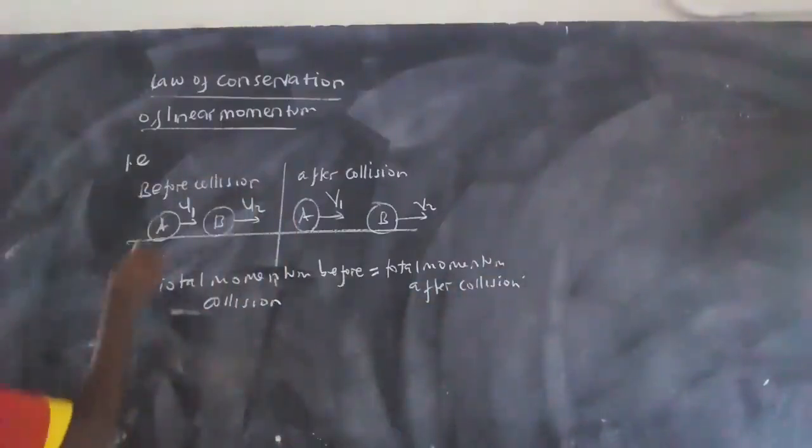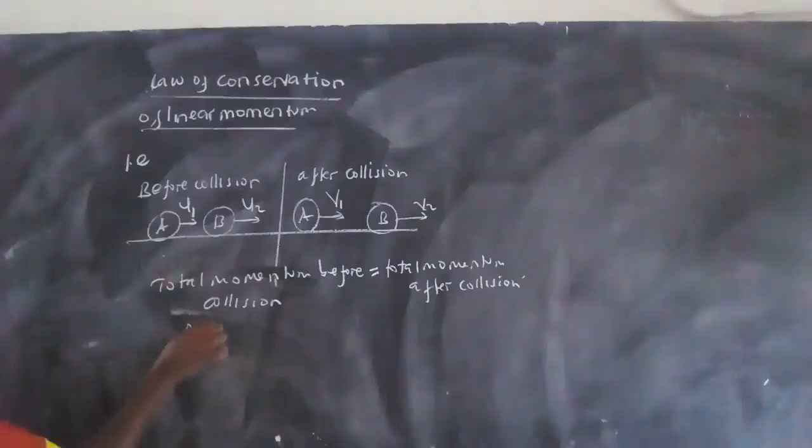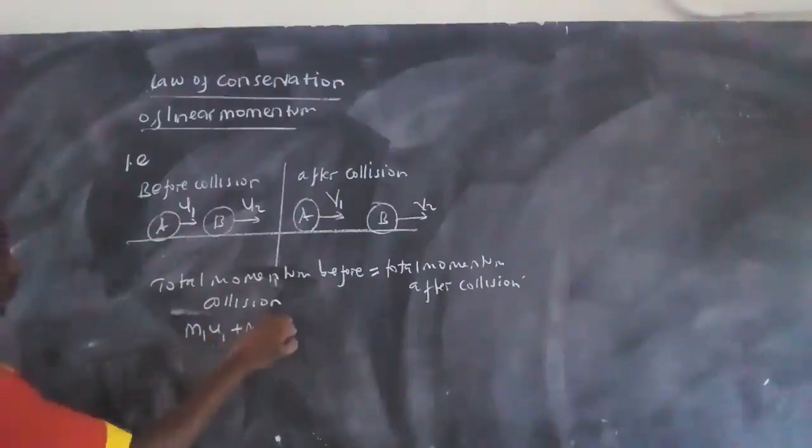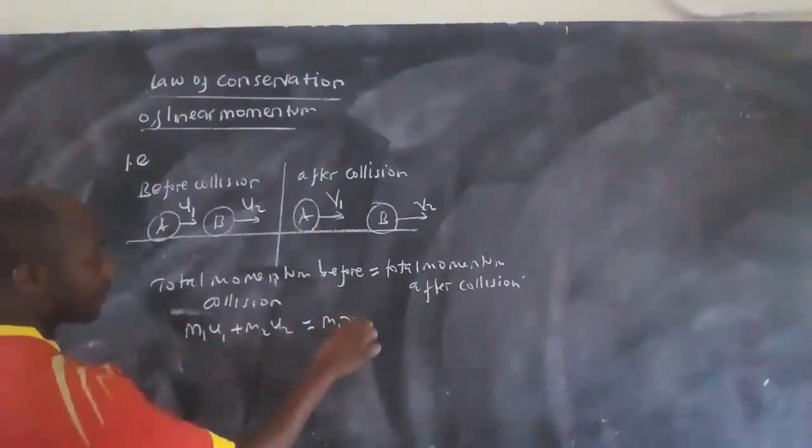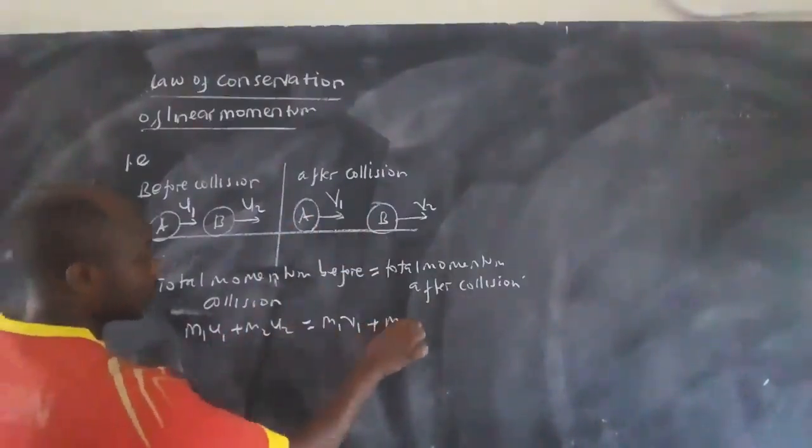So for A, momentum is mass times velocity, so it is M1 U1 plus M2 U2 is equal to, for this one, M1 V1 plus for this one, M2 V2.